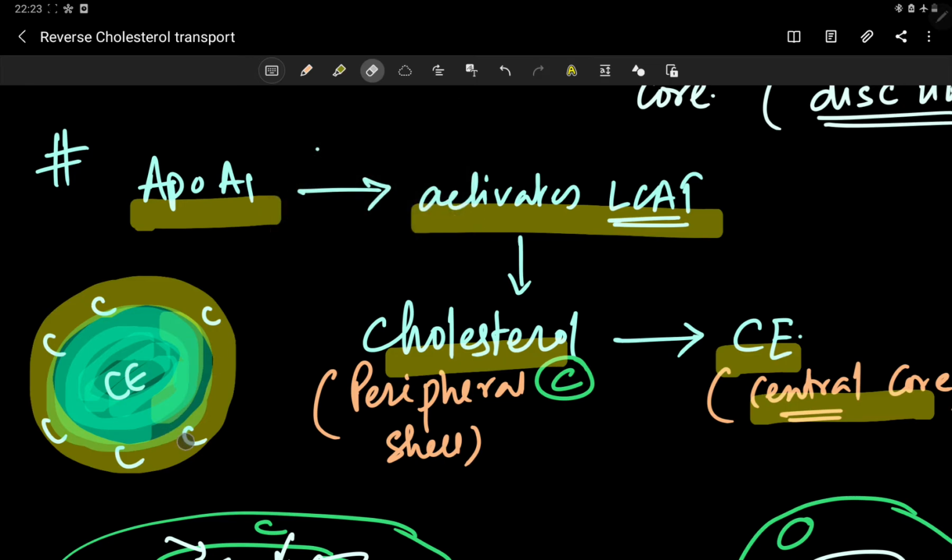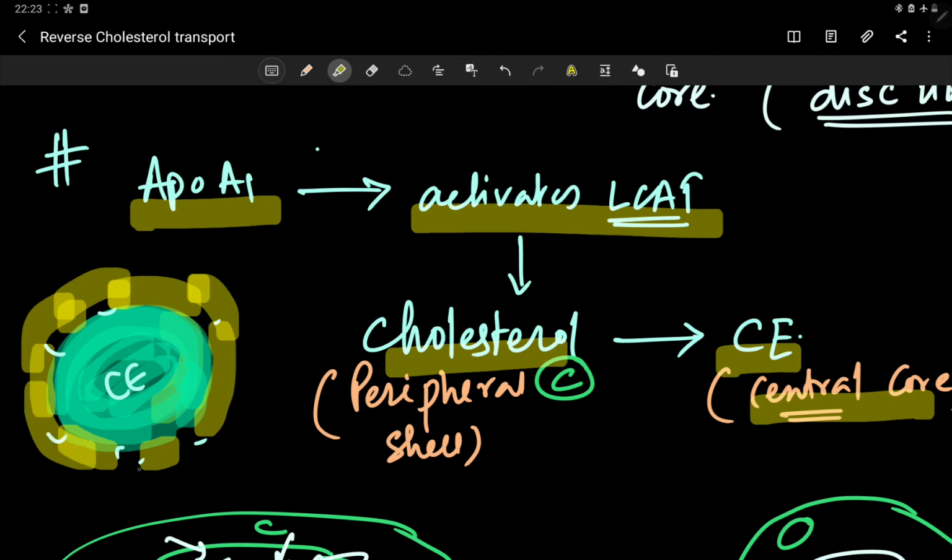That's why an empty space is created here, and here is also an empty space. These empty spaces are created within the periphery due to mobilization of the cholesterol from the periphery to the core.